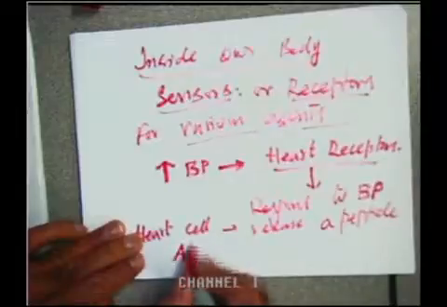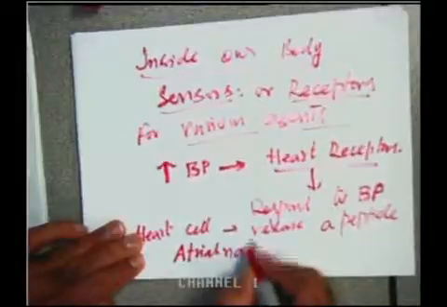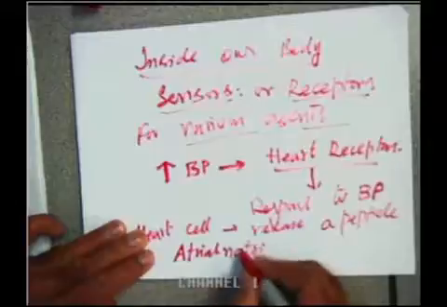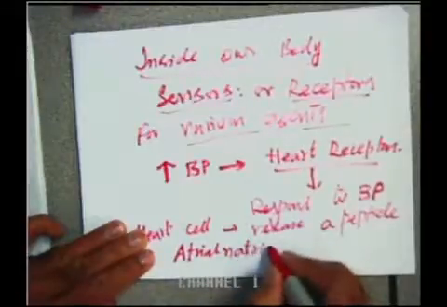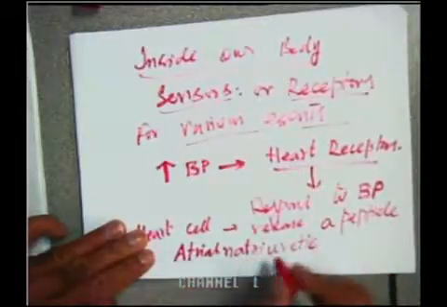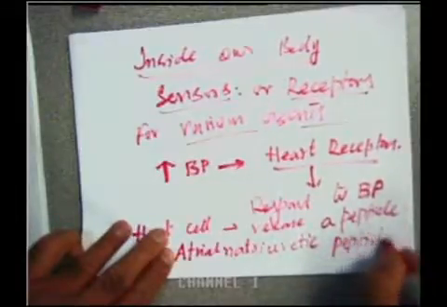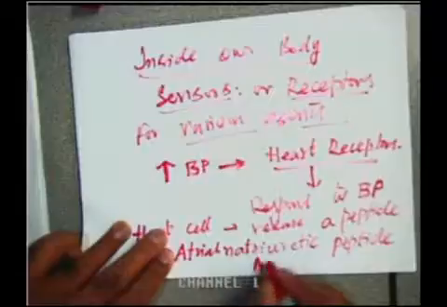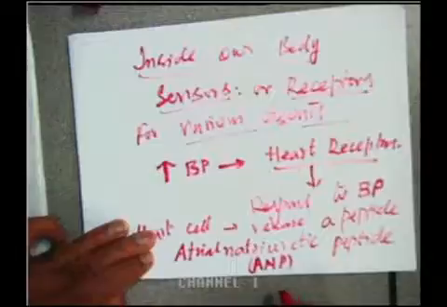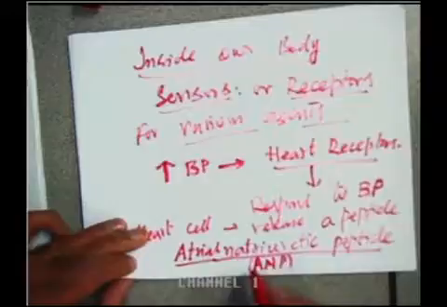That peptide is called atrial natriuretic peptide. Otherwise it is called the ANP, atrial natriuretic peptide, ANP.